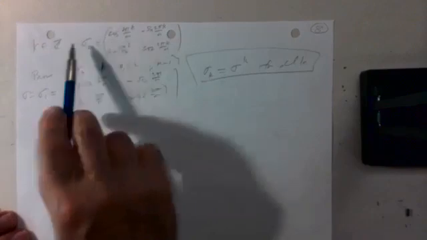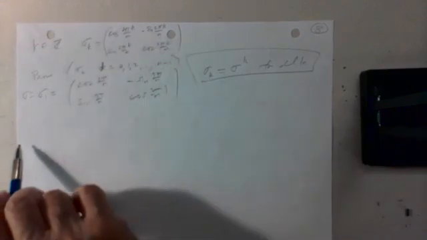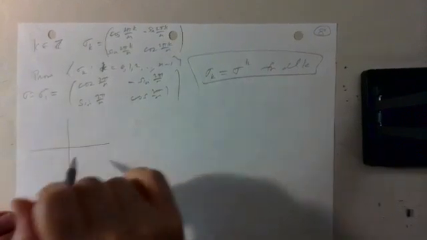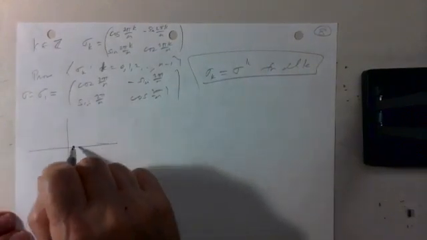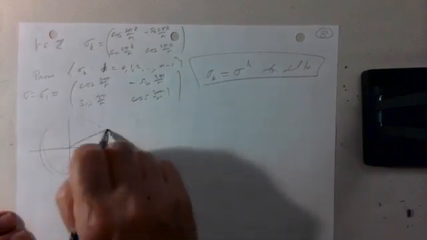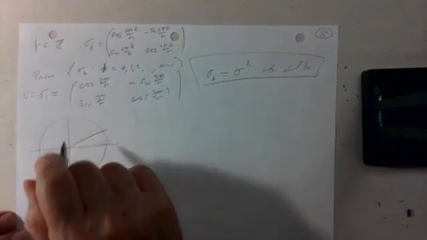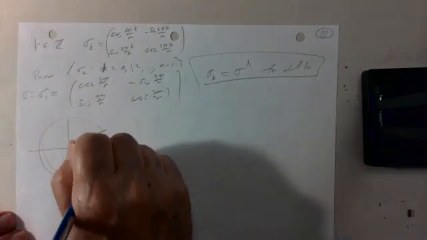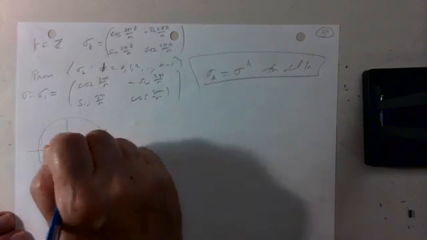So what does this mean? Geometrically, if I take the unit circle and an angle, if you go all the way around the circle, that's 2 pi.